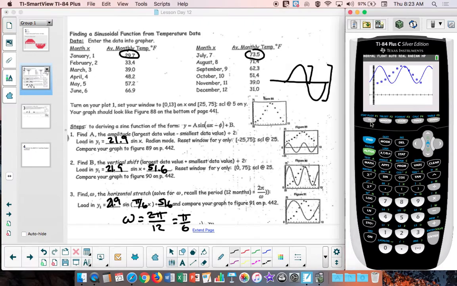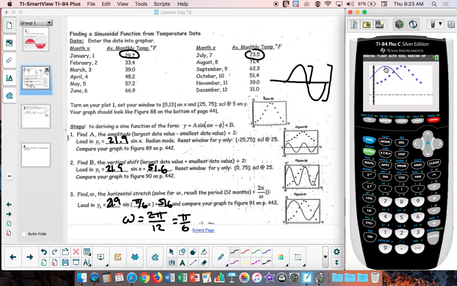And it should look pretty close. We just need to then adjust it. So insert pi divided by 6. The only thing we needed to do from here is to adjust where that maximum is hitting.